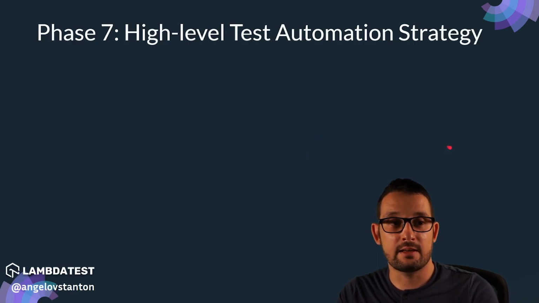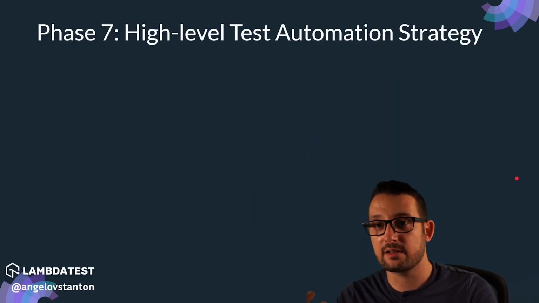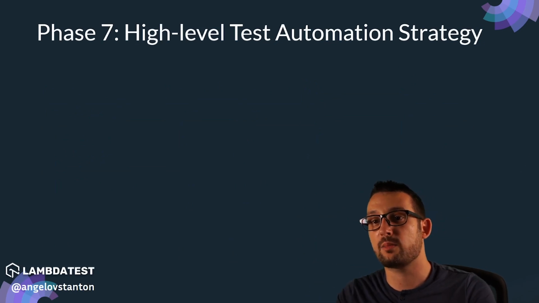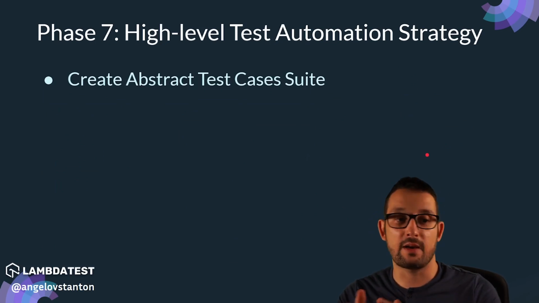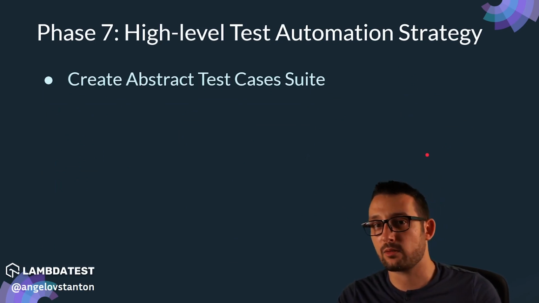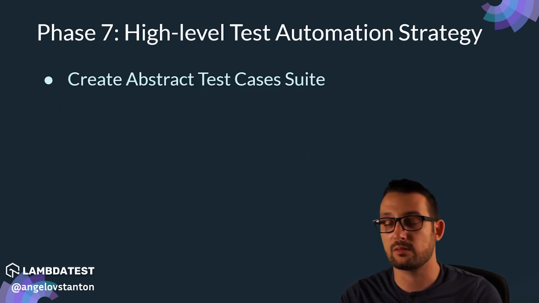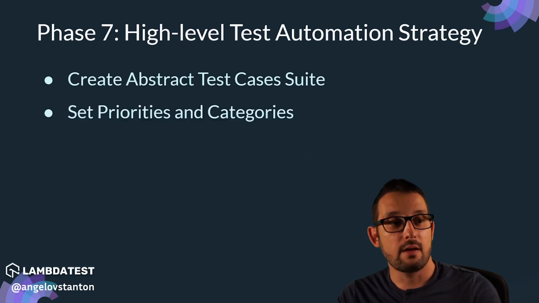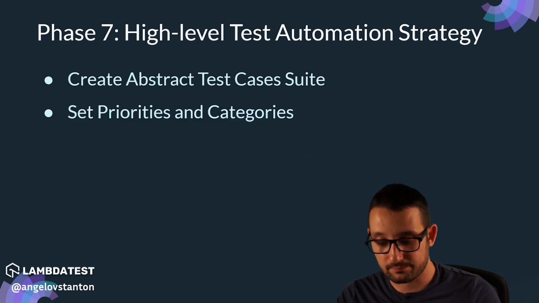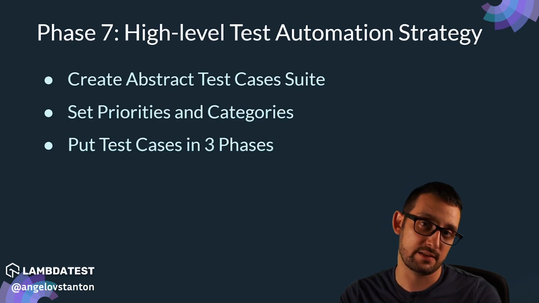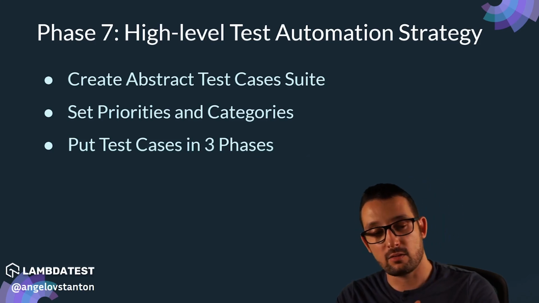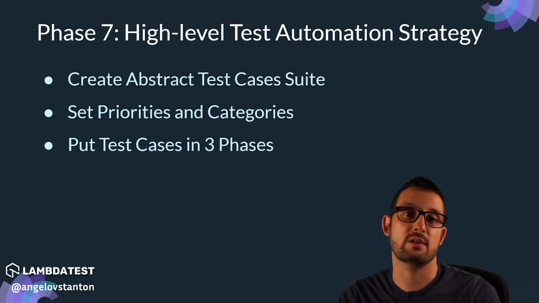After that, phase 7 is to create a high-level test automation strategy if you don't have one already. We need to have a list of test cases, no matter whether they're detailed or abstract, that we'll need to automate. Then we need to have priorities and categories for them, and so we need to put these test cases in 3 phases. Maybe we'll start with phase 1, which is the highest priority.